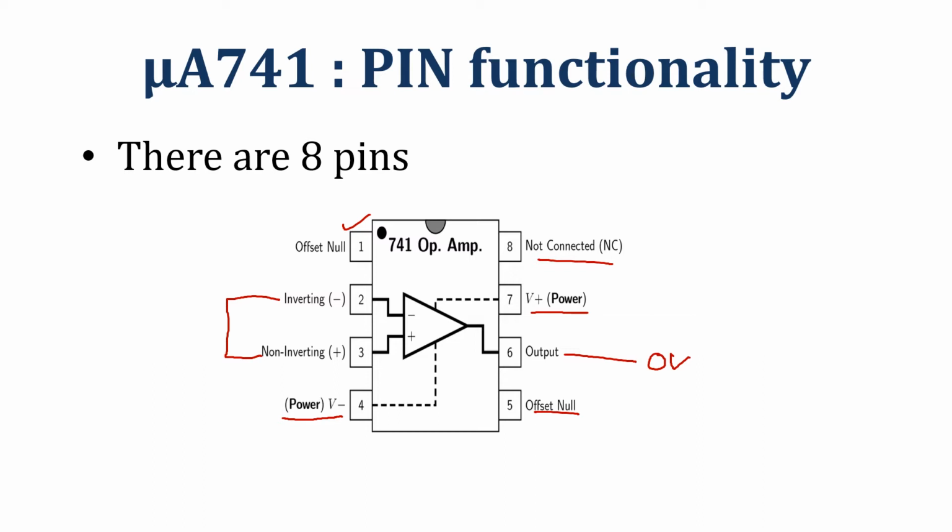So to nullify that output, we have two pins, one is pin number 1 and another is pin 5. By applying an additional voltage at this particular pin, we can use one voltage divider circuit. Let me erase this.